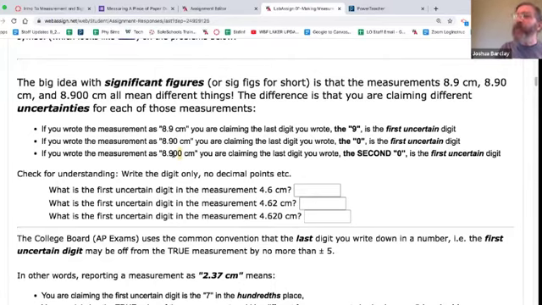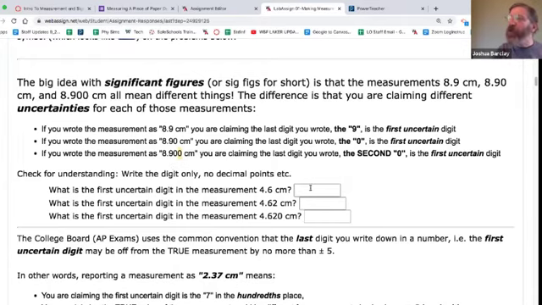It might be 8.904, it might be 8.896, but you're saying that it can only go up or down by approximately a few thousandths. These three numbers mean different things. They mean the last digit you write down is the one that you're unsure about. We call it the first uncertain digit.